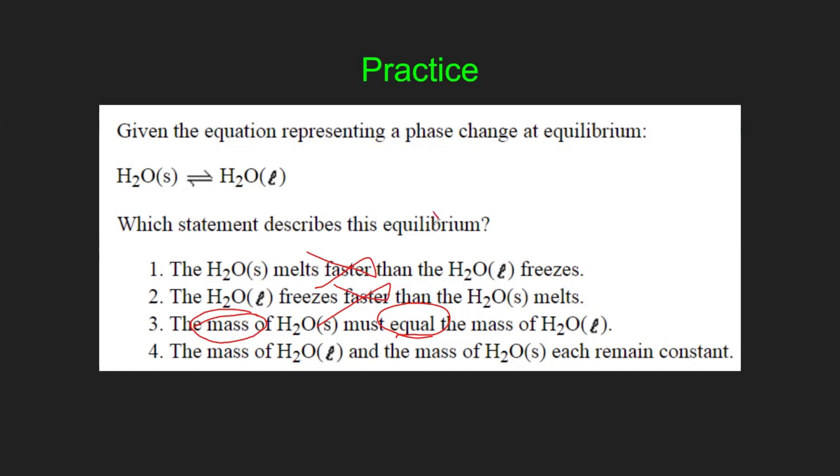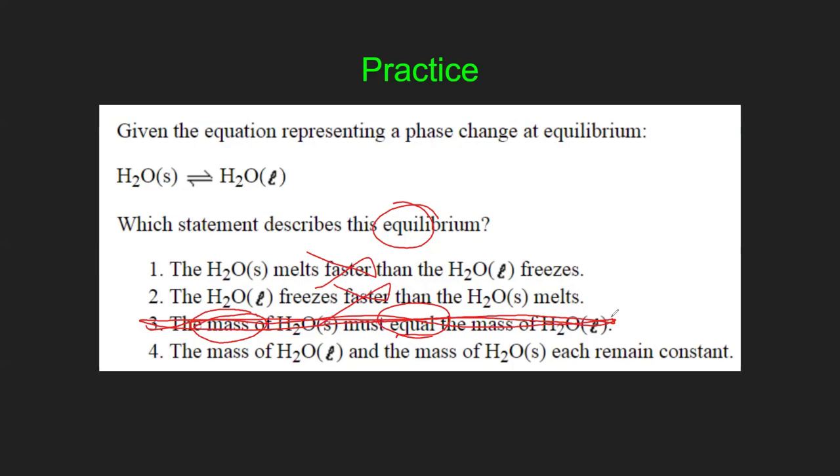Because you're going to look at this and be like, oh, equilibrium means equal. Oh, so it must be that the masses are equal to each other. No, we just learned that in an equilibrium, it doesn't matter how much you have. What matters is that the speed of one change is happening at the same speed as the other change.